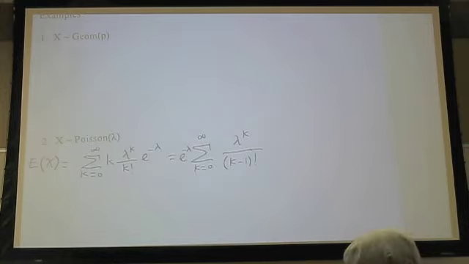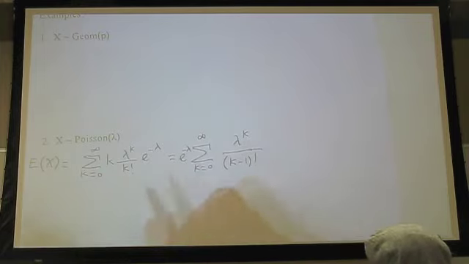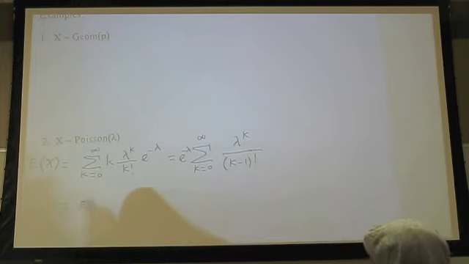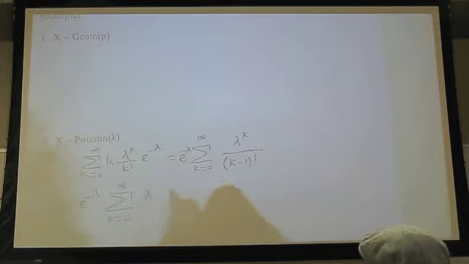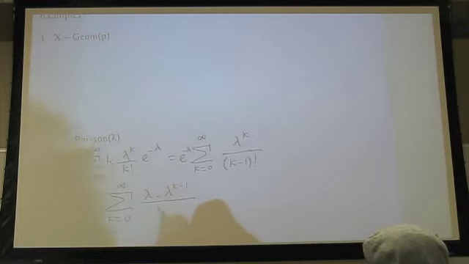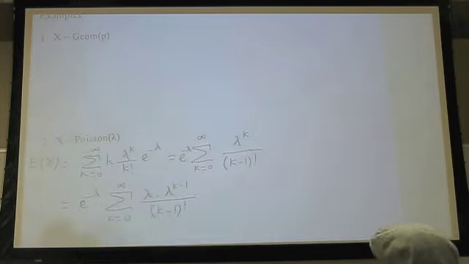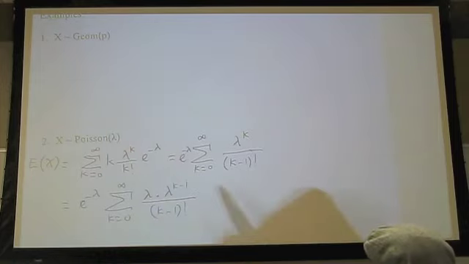Well, how about I write lambda to the k as lambda to the k minus 1 times lambda? So that I can identify with the thing in the bottom. So I have e to the minus lambda right here, and then the sum is k equal to 0 to infinity of lambda times lambda to the k minus 1 divided by k minus 1 factorial. I just split the thing up right there.